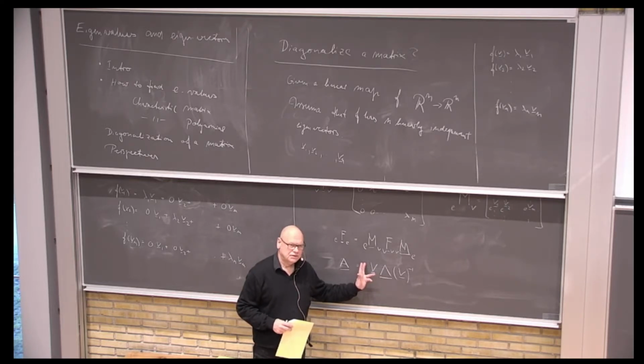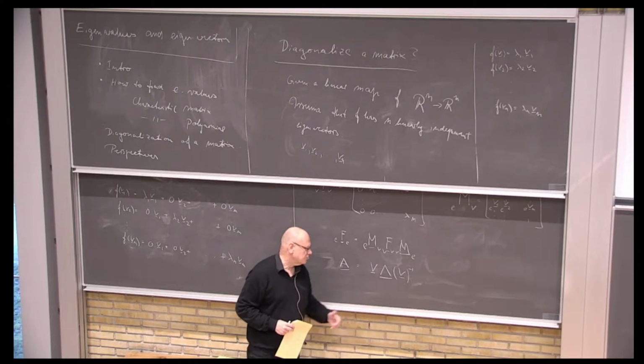It's a matrix of the n eigenvectors in e-coordinates. Yes, because I assumed that you have n linearly independent eigenvectors. So this is a regular matrix, and it has, of course, an inverse.